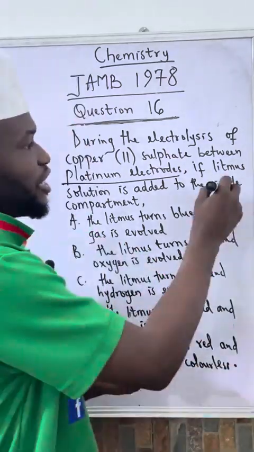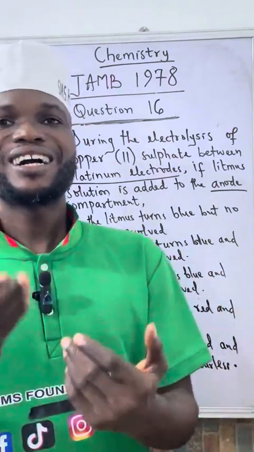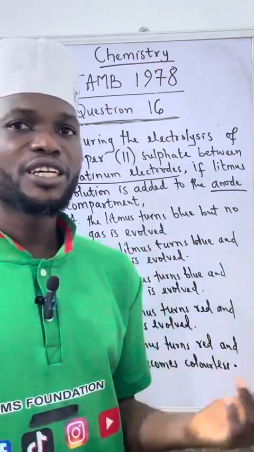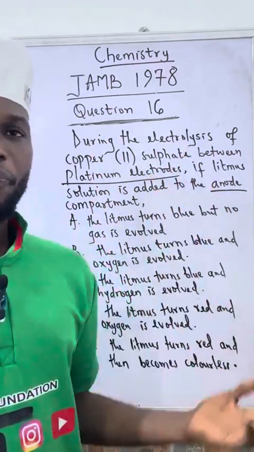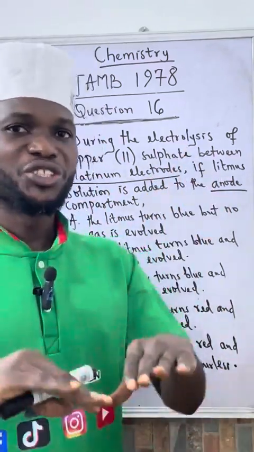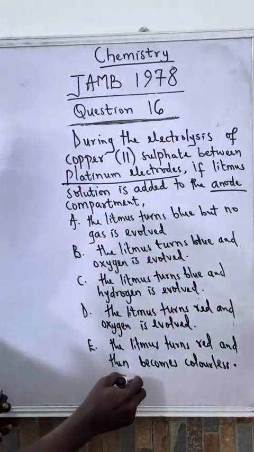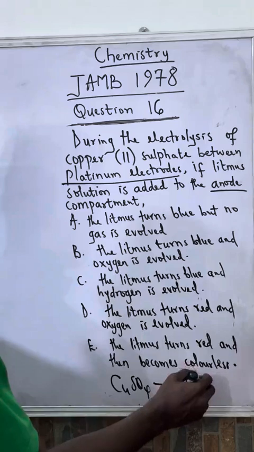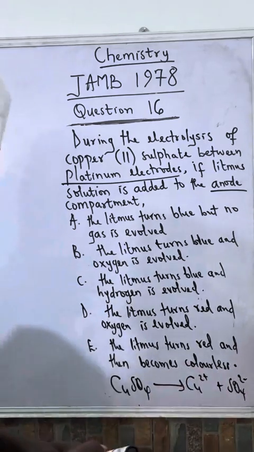Now, we know that anode is the positive electrode, while cathode is the negative electrode. So during the electrolysis of copper 2 sulfate, CuSO4, this copper sulfate is going to split into copper 2 ion and sulfate ion, SO4 2-.